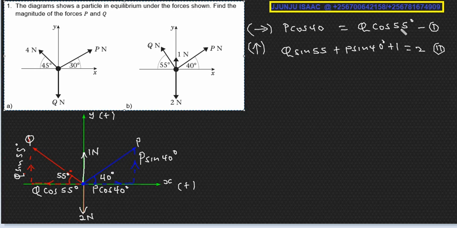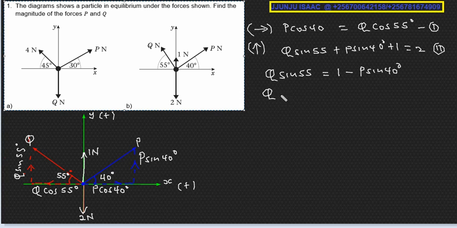So now from here, hope you can see, we have 2 equations and 2 unknowns. I think we can make Q sine 55 the subject from here. Q sine 55 will be equal to 2 minus 1 when we take this one the other side, so it remains 1, then minus P sine 40 degrees.